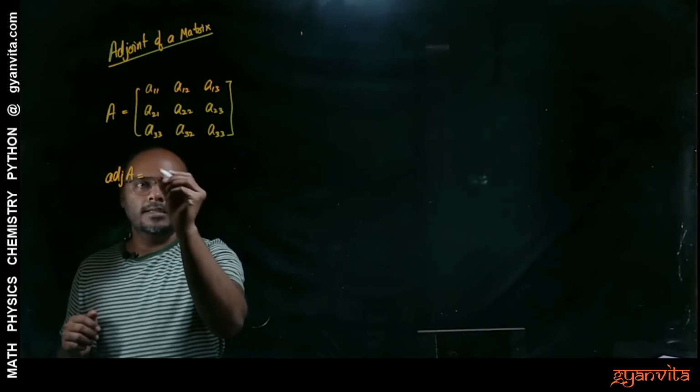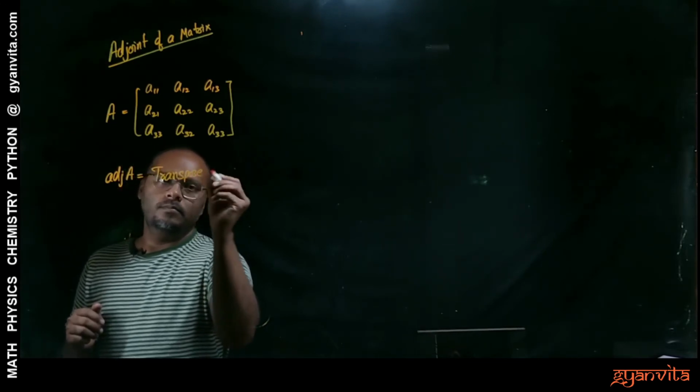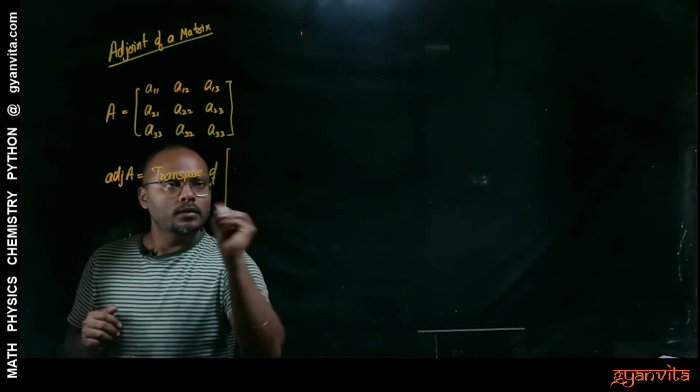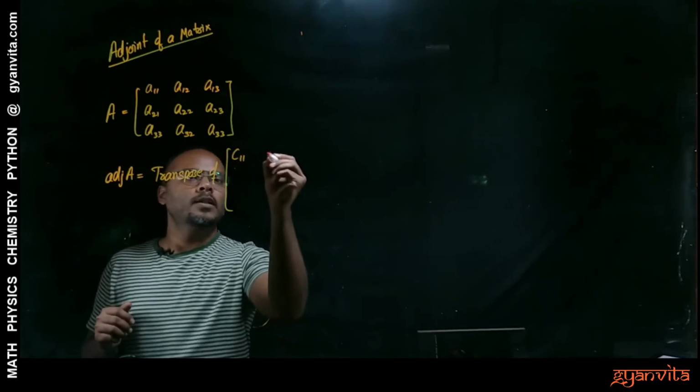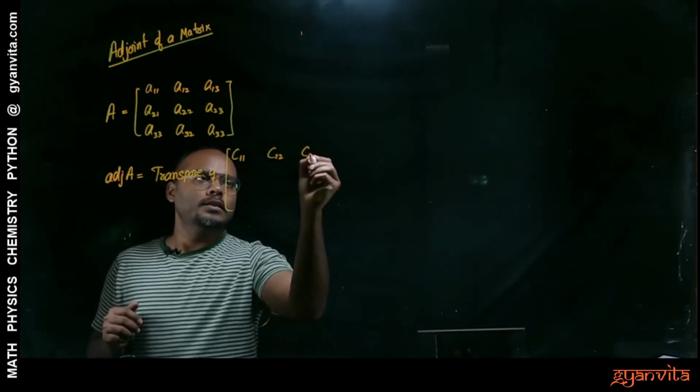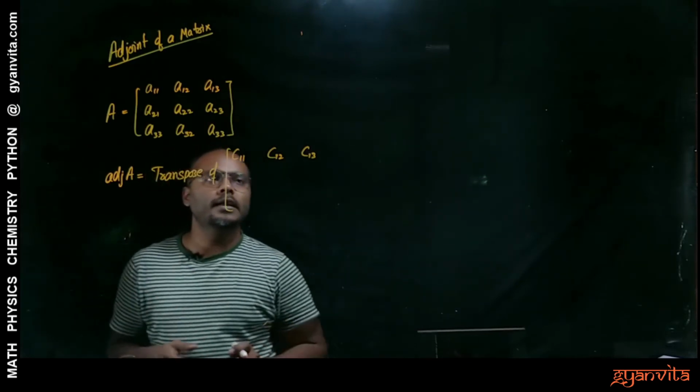So if you find cofactors, as I said, cofactor of this position, I'll write it as transpose of this matrix, which is C11, C12, C13. Again, in your book it is capital A11. You can go ahead and write that as well, right?